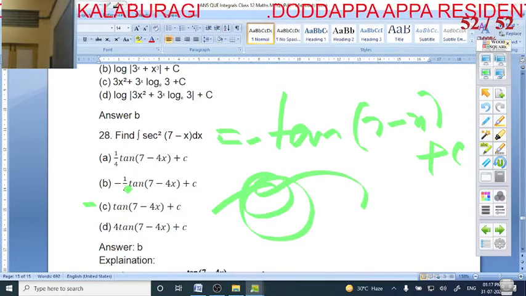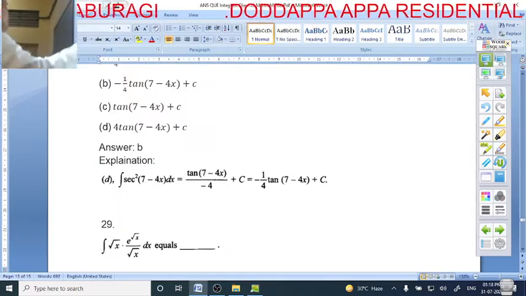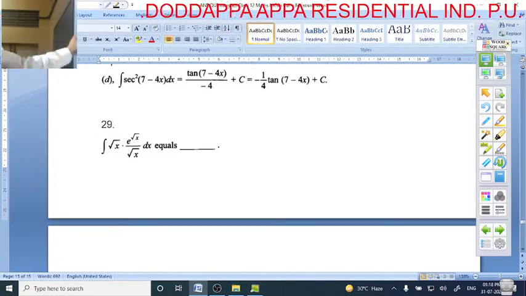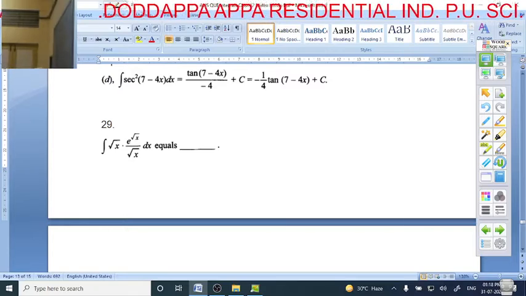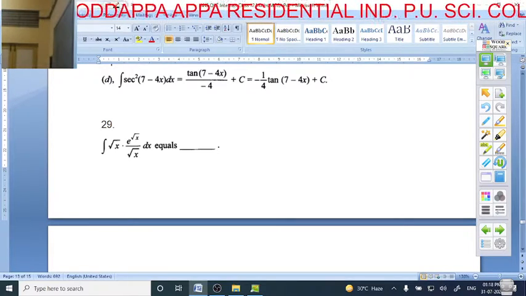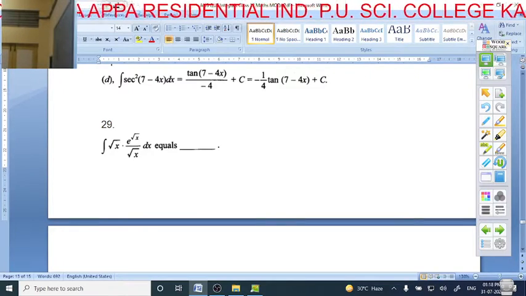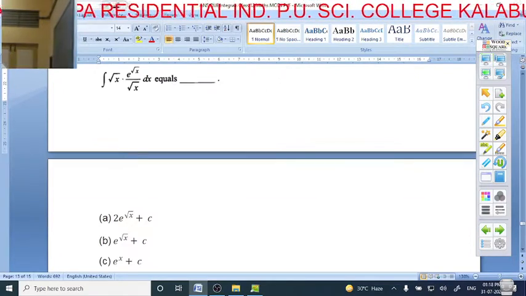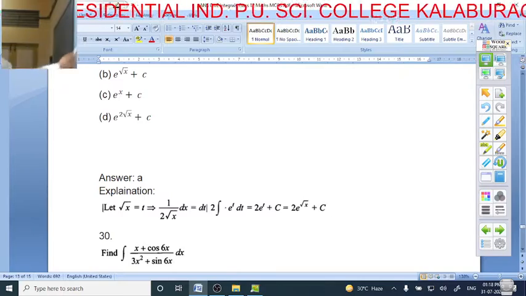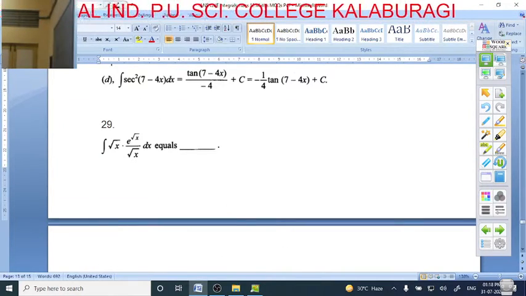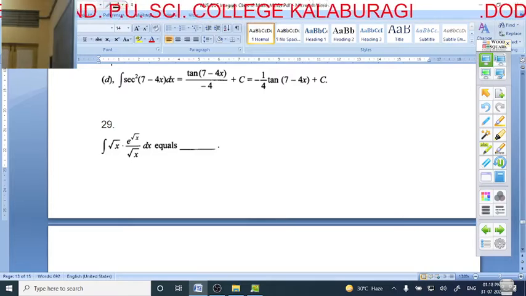Okay. Now next, question number 29. Root x times e to the power root x divided by x. So here, try to understand. E to the power root x divided by root x.